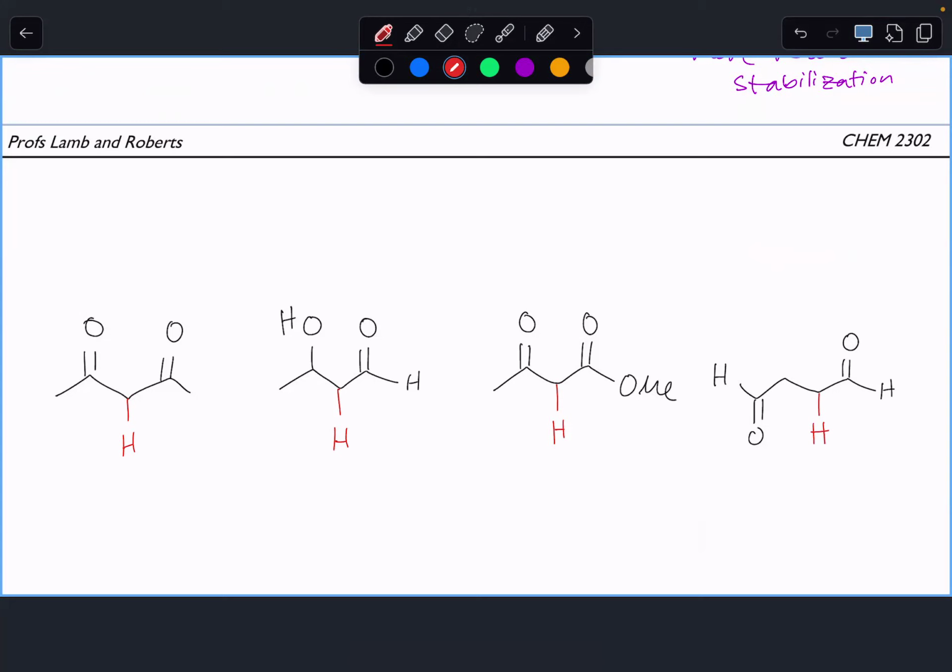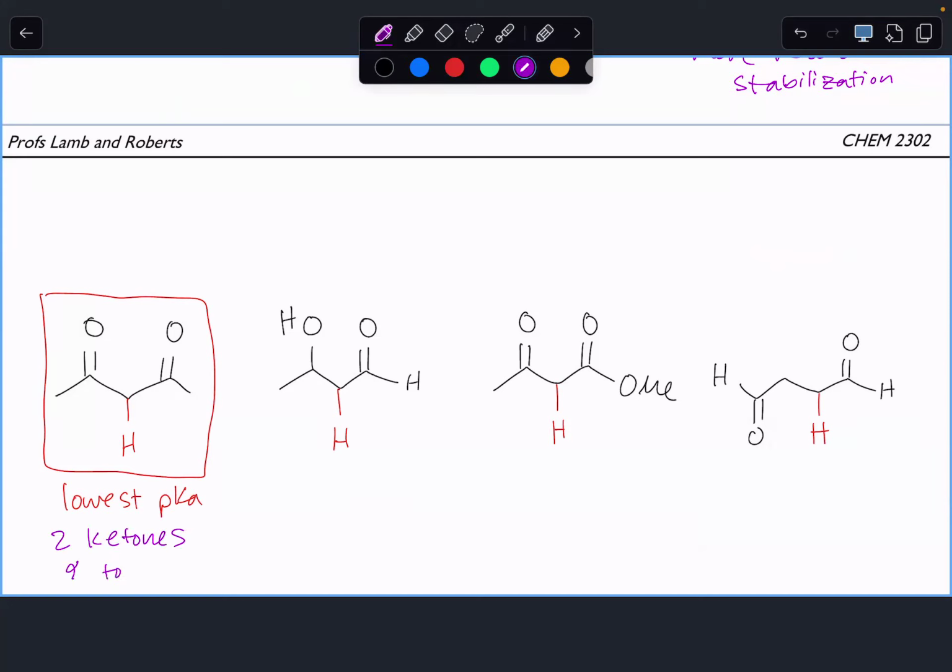Okay, so the correct answer is this one. So this has our lowest pKa. We have 2 ketones alpha to that proton. So let's talk about why the other ones are not it. So on the next one, that is an alcohol. That's not a carbonyl.